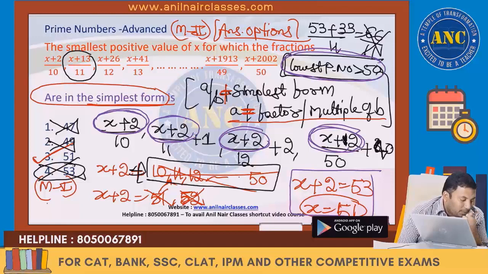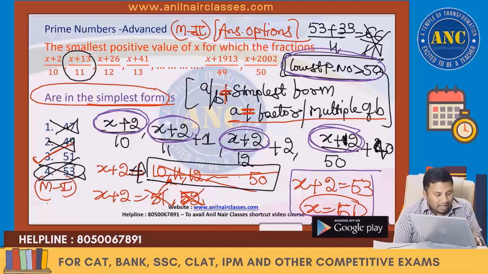Should I take x plus 2 less than 10? Even if I take x plus 2 less than 10, I will get values which do not satisfy any option. I will look at your angle only when options are less than 10. Look at the options. I hope it is clear.